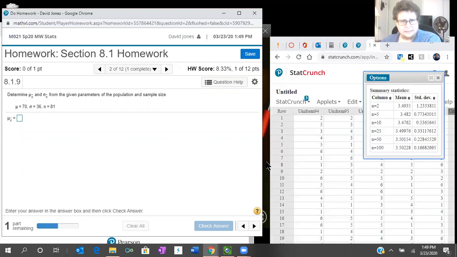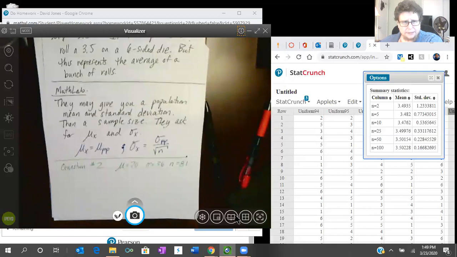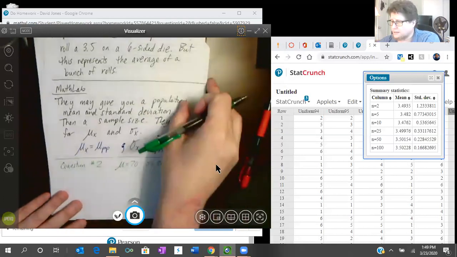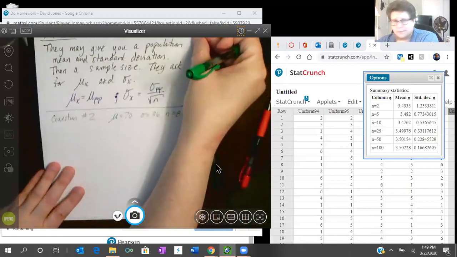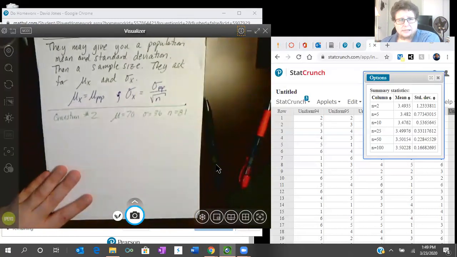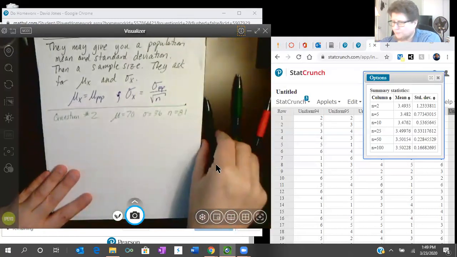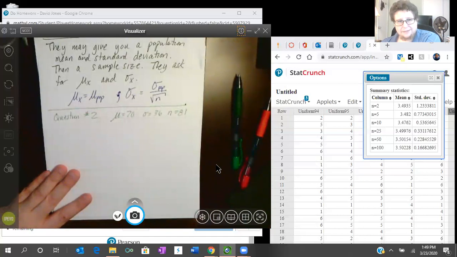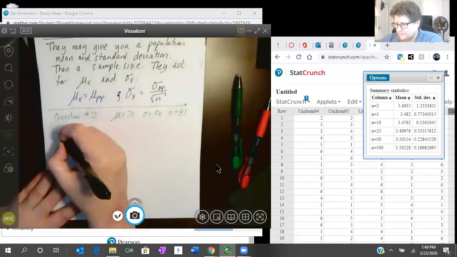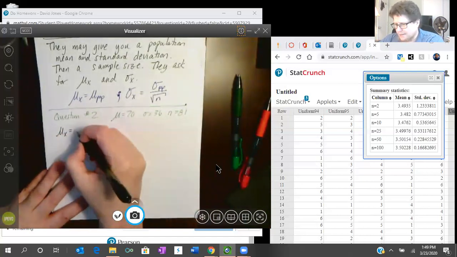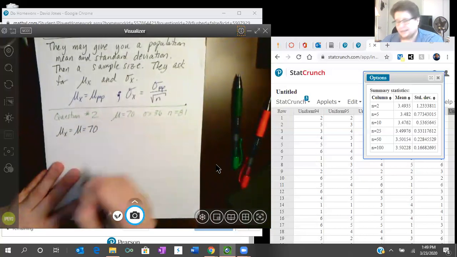All right. So let's go back over to my camera. This is what they give me. And they ask for mu of x and sigma of x. Mu of x is just the same as mu, is 70.